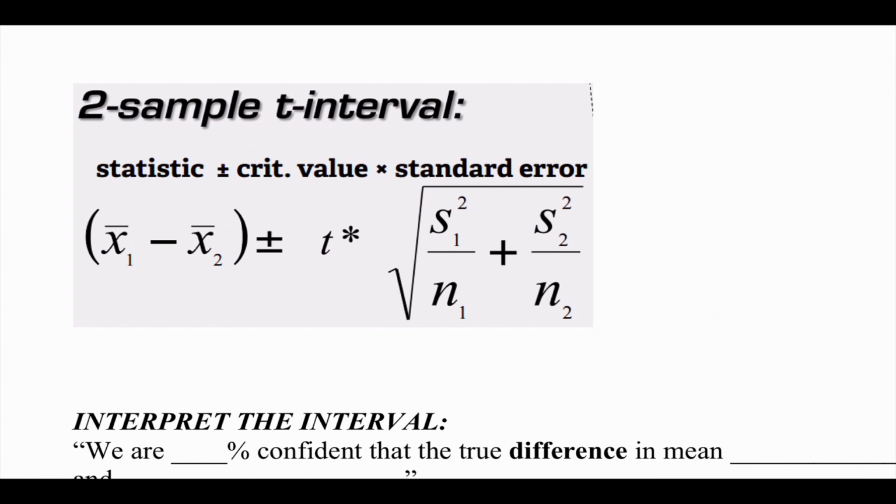It's T because I don't know the true standard deviation for either of them, because they only took a sample of 15. So I don't know the true standard deviation for Katy Perry or Justin Timberlake. All I know is the 15 that were randomly selected.